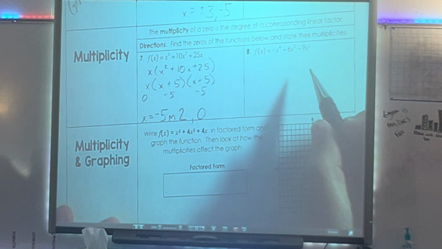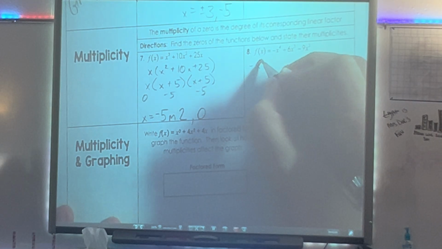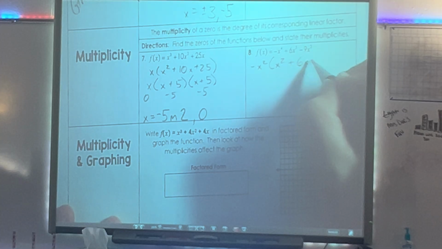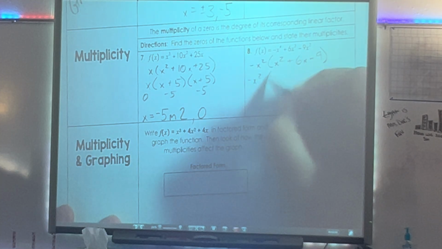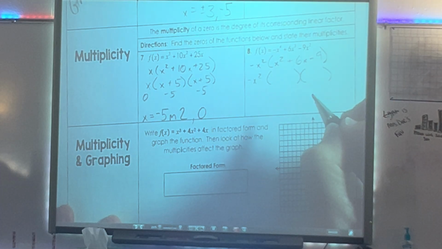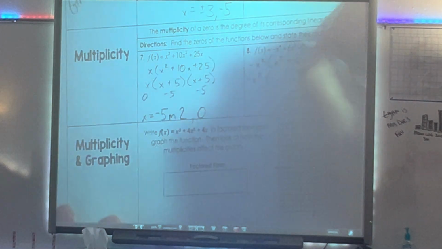Let's see. On this one, I'd probably take out a negative x squared, which would leave you x squared plus 6x minus 9. And that's going to be, looks like plus 9, sorry. Minus 6x, those signs change.